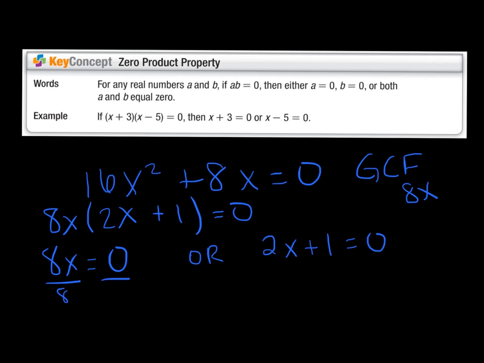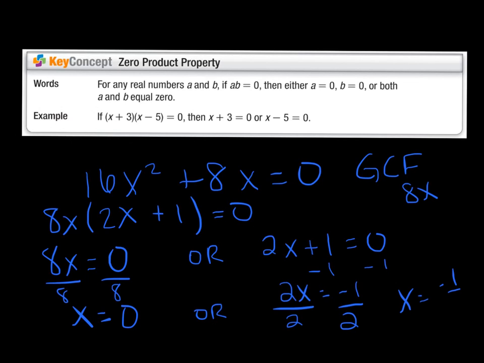We divide by 8, left with x equals 0, because 0 divided by 8 is always 0. Or, okay, we're going to do our other problem. Solve for x. So we subtract 1. 2x equals negative 1. Divide by 2, and you're left with x equals negative 1/2.